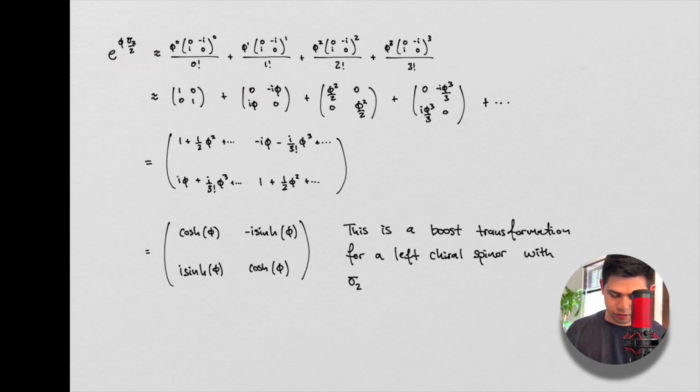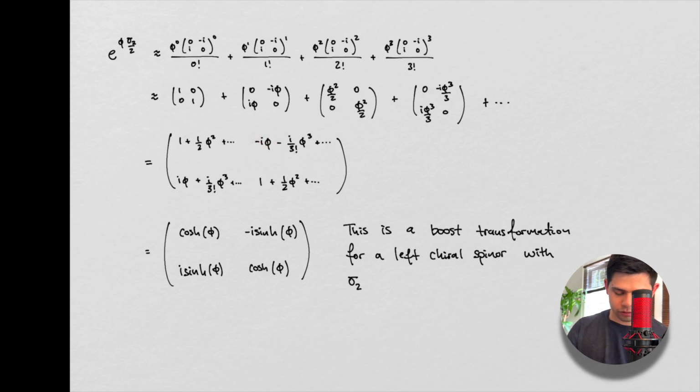Then putting all terms together, in this entry we have 1, plus this guy right here, and so forth. This entry here starts with a 0, so we start here. You can see the pattern.